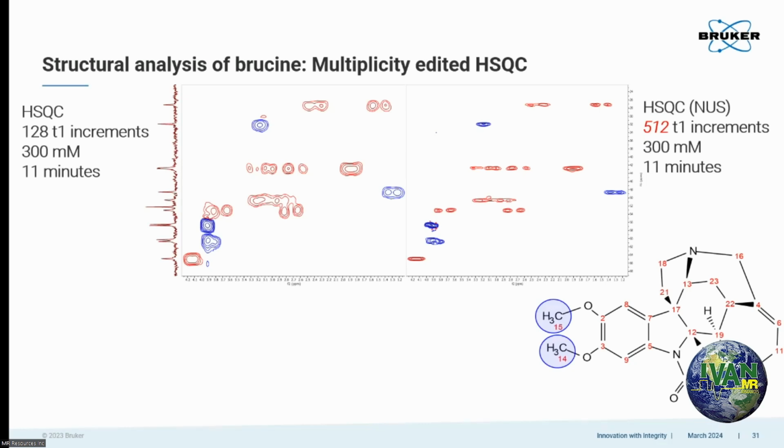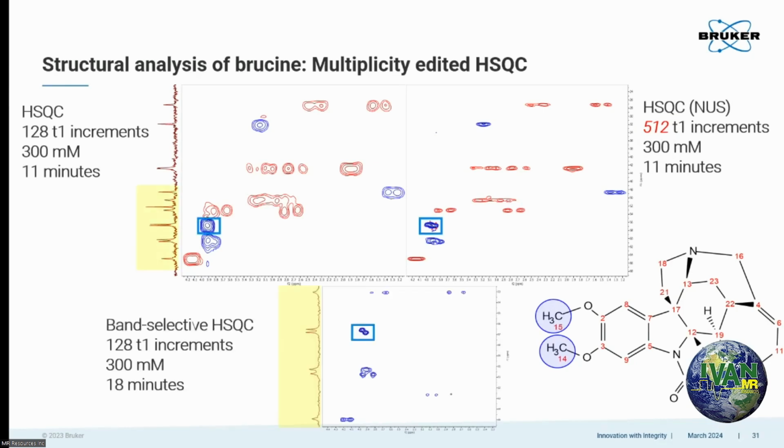We see a better resolution in our F1, but those methoxy groups still are not quite separated. What we can then do is a band selective HSQC, selecting this yellow region of the carbon spectrum. This then allows those methoxy contours to come through essentially separately. So that's the different tricks you can play using selective experiments to get that additional information on a benchtop system.